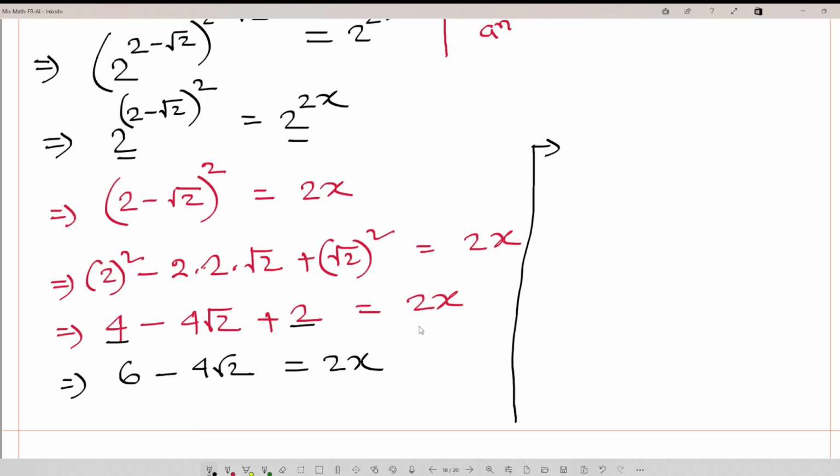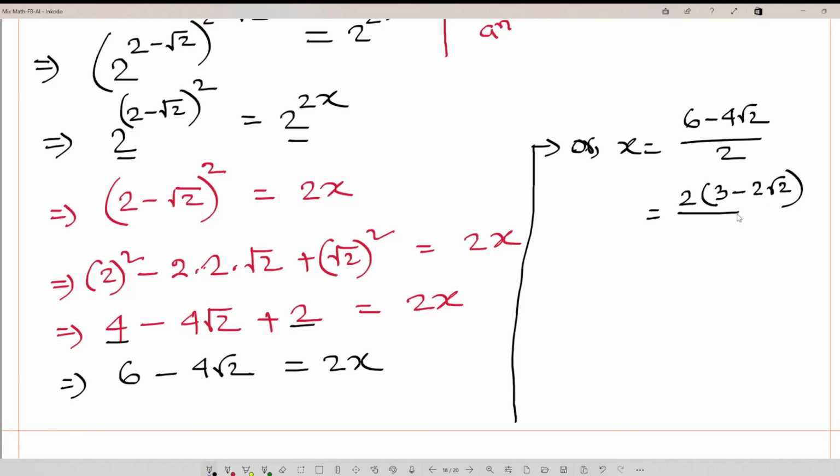Now we can say x equals 6 minus 4 root 2 divided by 2, right? Now we can take common 2 from the numerator, so here is 3 minus 2 root 2, and here is 2. So 2 and 2 cancel out, the answer is 3 minus 2 root 2.